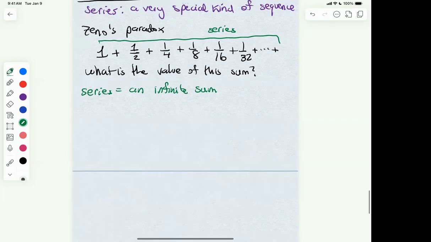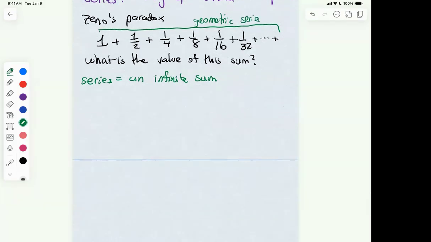So here's another one, and this one will be called a geometric series. Here's another one.